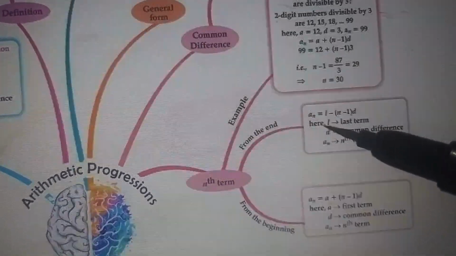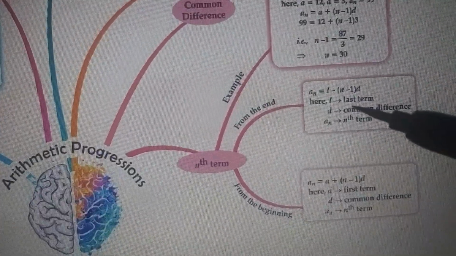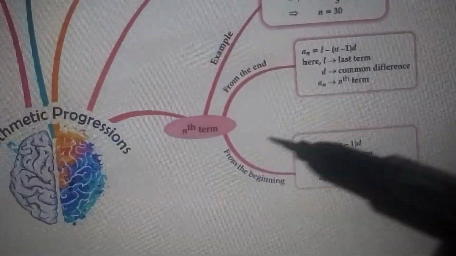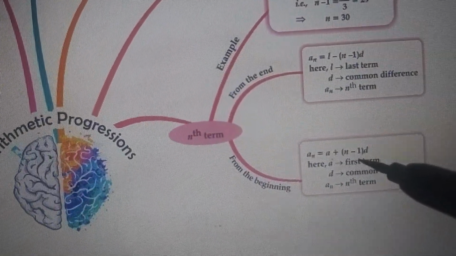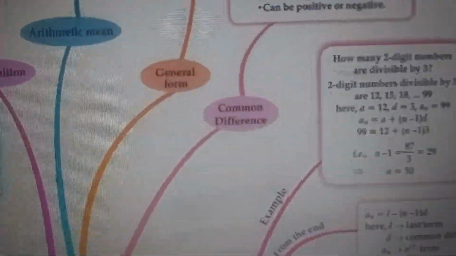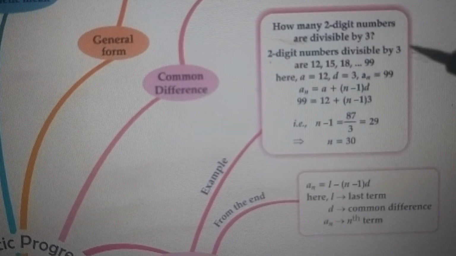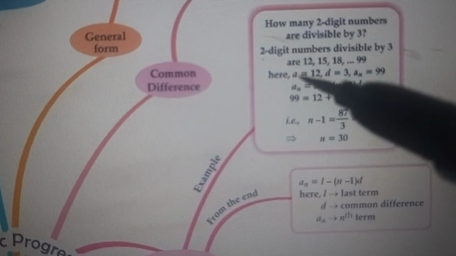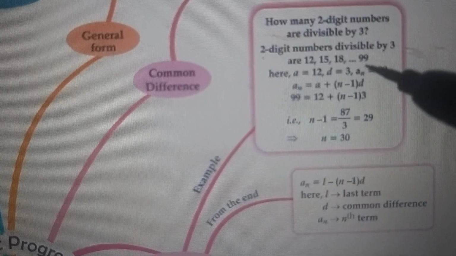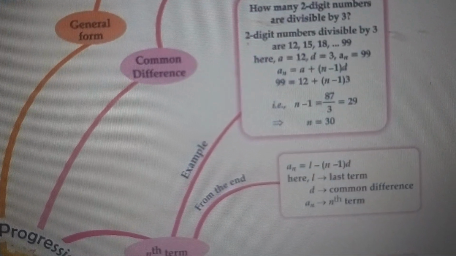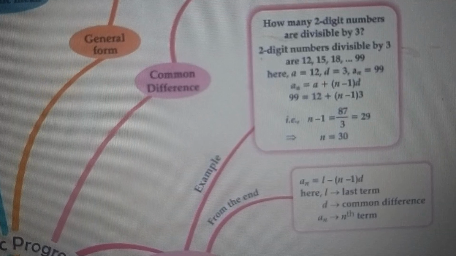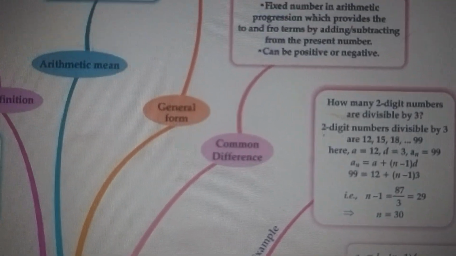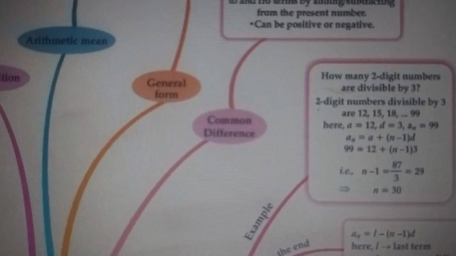From the end we have an equal to L, the last term, minus (n minus 1) into d. From the beginning it means a plus (n minus 1) into d. Okay, and how many two digit numbers are divisible by 3? If given a question like this, two digit numbers divisible by 3 are 12, 15, 18 and so on up to 99. The first term is 12 here, d is 3.